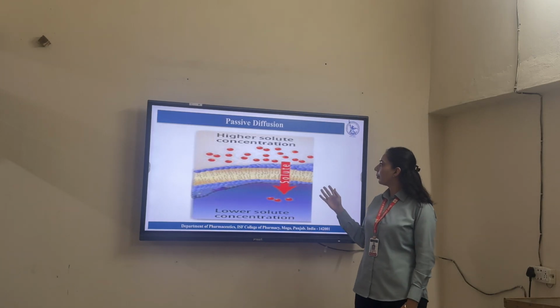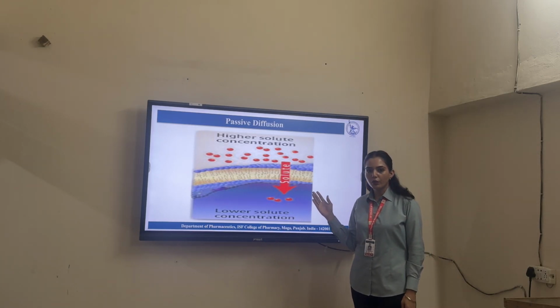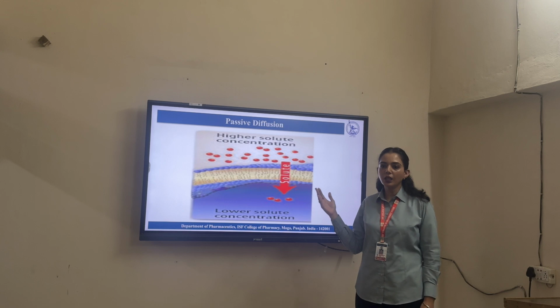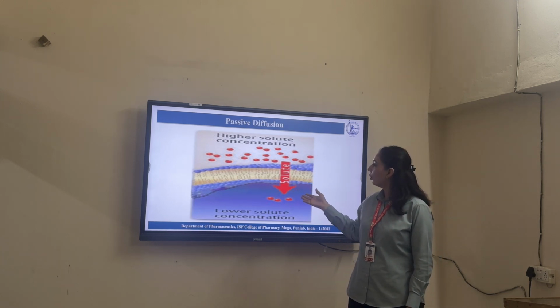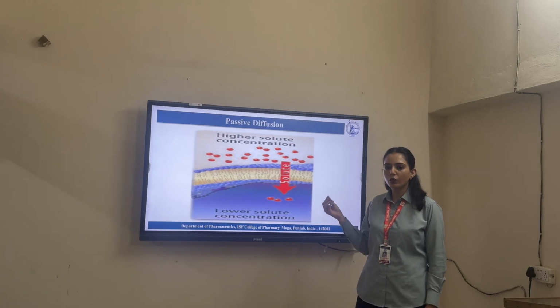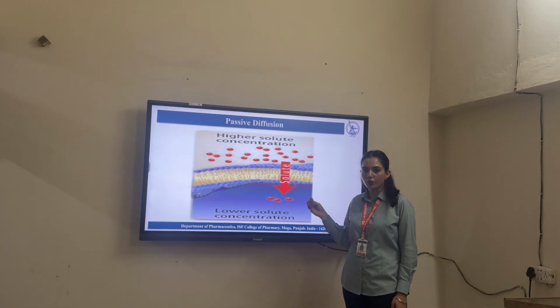Here is the diagrammatic illustration of passive diffusion. You can clearly see the drug is moving from the higher concentration to the lower concentration, and the driving force of this movement is the concentration gradient.